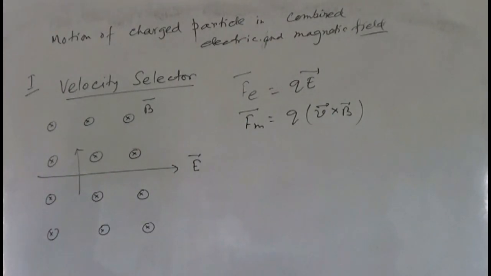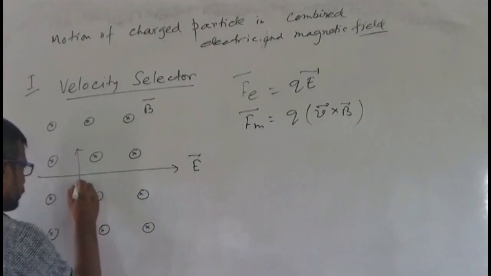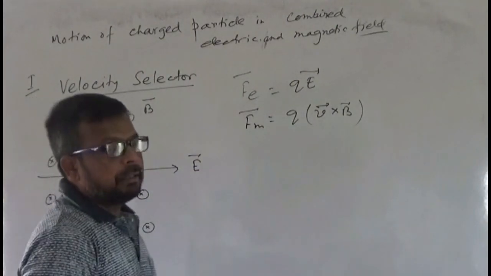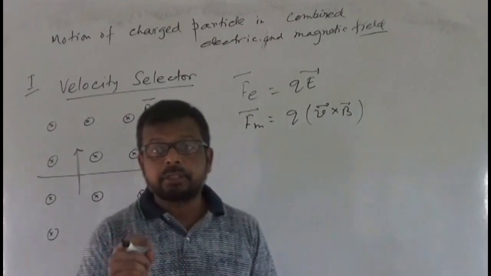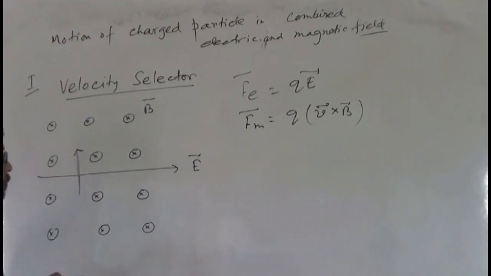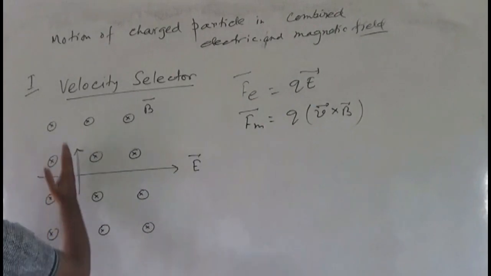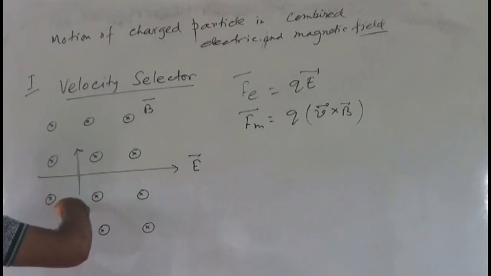Then the force on the charged particle due to the magnetic field is along the direction of v cross B. Now v is along this direction, B is along this direction.